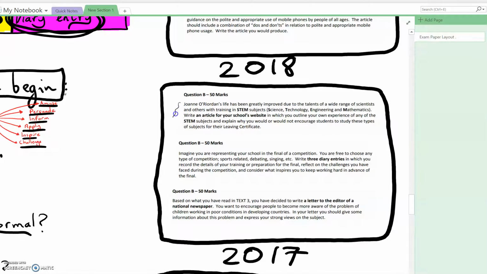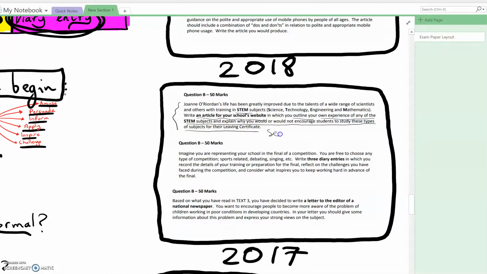This one here, Joanne O'Riordan. Joanne O'Riordan's life has been greatly improved due to the talents of a wide range of scientists and others with training in STEM subjects. Write an article for your school's website in which you outline your own experience of any of the STEM subjects and explain why you would or would not encourage students to study these type of subjects for the Leaving Cert.